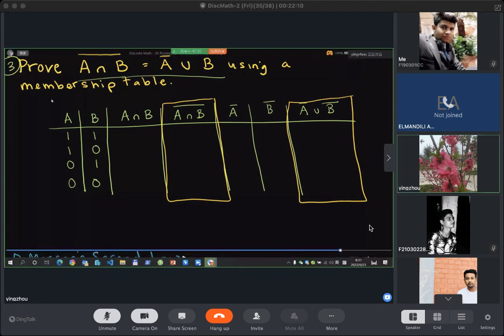in the third way, we also want to show or prove the set operation.